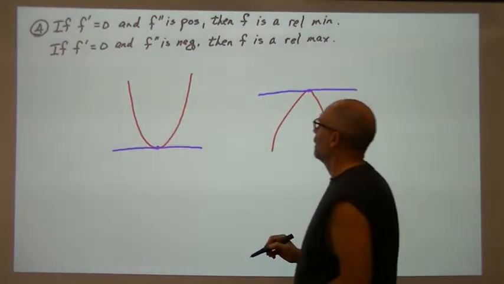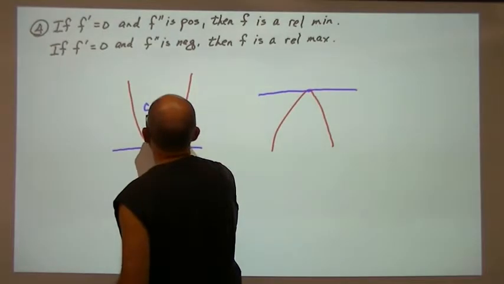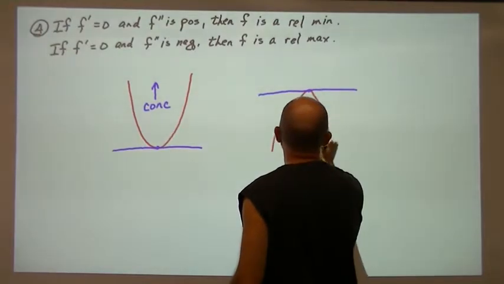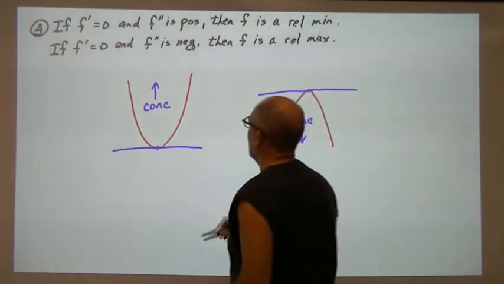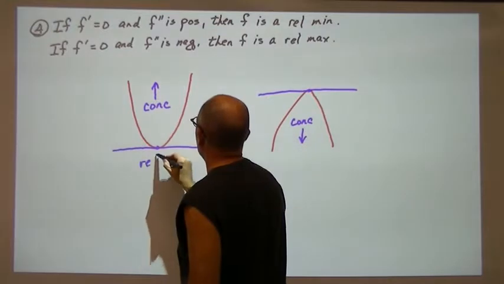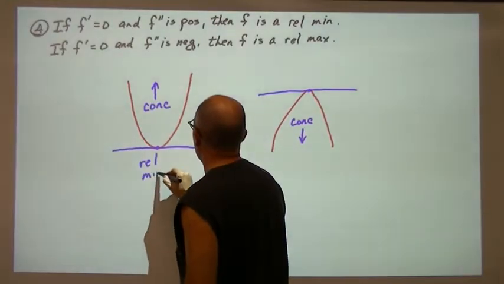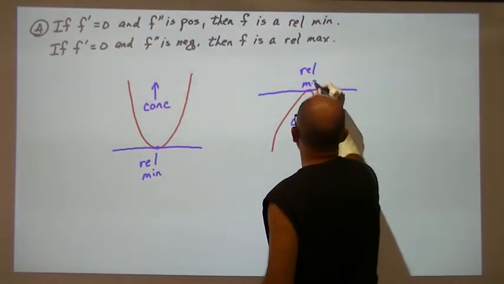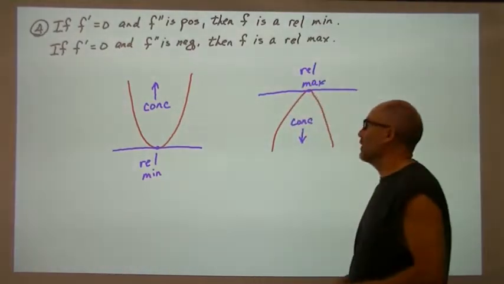So this is concave up. This is concave down. This is a relative min, and this is a relative max. This is called the second derivative test.